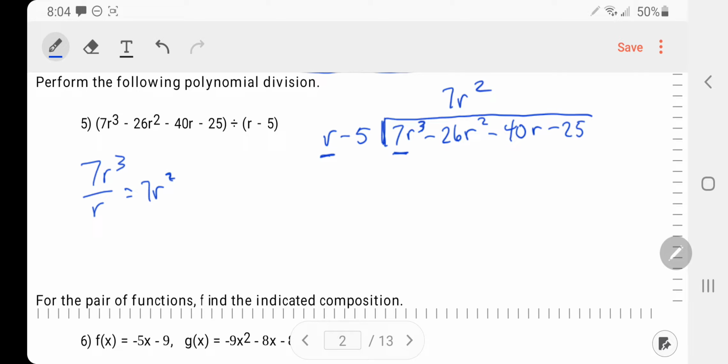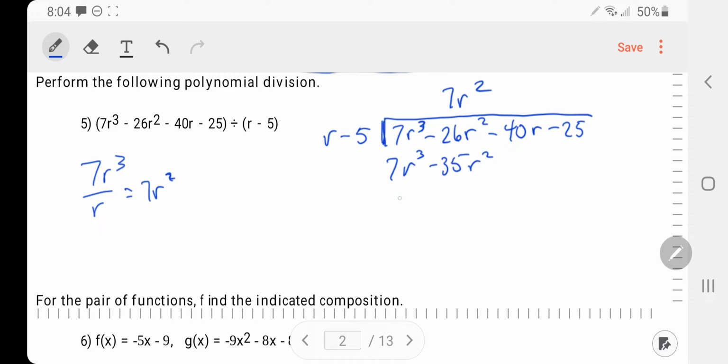Okay, next step, we're going to need to take this 7r squared and distribute. That is the next step. So 7r squared times r makes 7r to the third. And 7r squared times -5, that is a -35r squared.